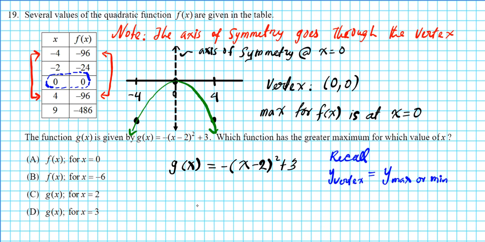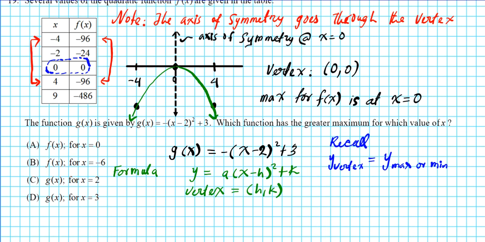Formula for a quadratic in vertex form. What is the formula? The formula is y equals a times x minus h squared plus k. Don't forget the vertex is (h, k). So we can see that h is 2, k is 3.